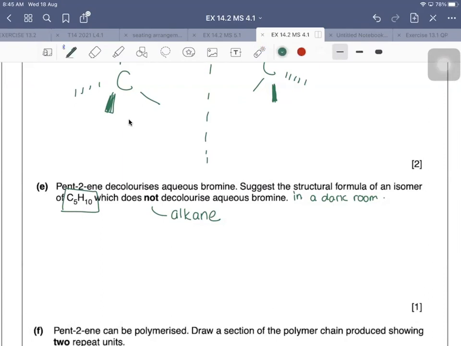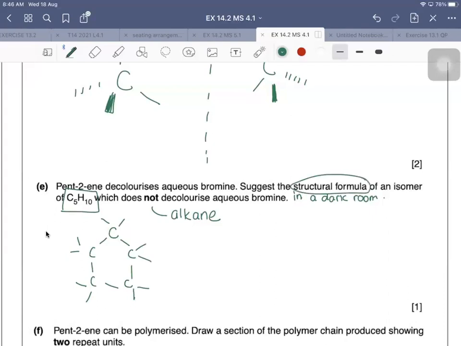So the answer is actually the cyclic alkane. If you count this, 1, 2, 3, 4, 5 carbons, counting the number of hydrogens, 1, 2, 3, 4, 5, 6, 7, 8, 9, 10. So that is the answer to this question.